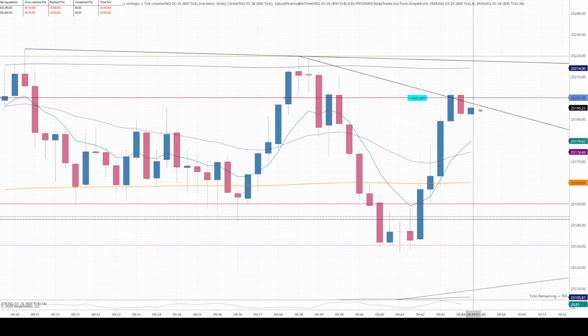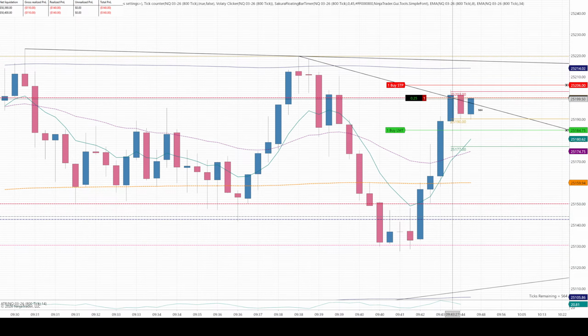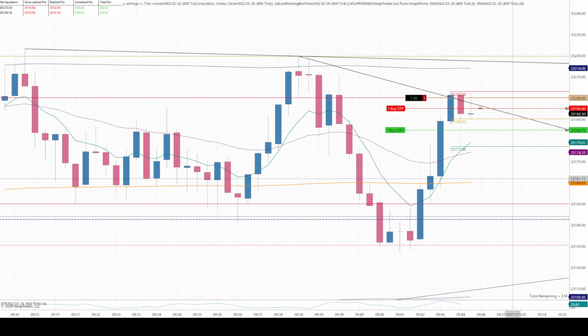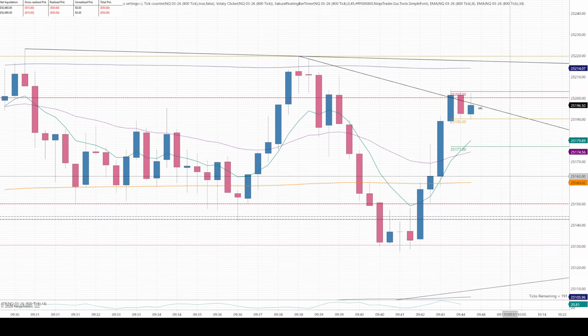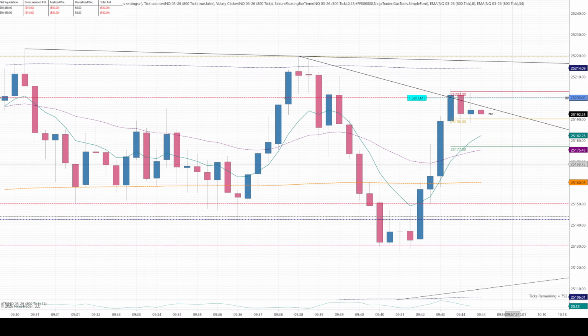But now we can go bearish, because the expected move, there's nothing really in the way except this 8 EMA, and the 8 EMA is not really that strong. I got a little bit on that one. I don't think I got much. I'll try it again.